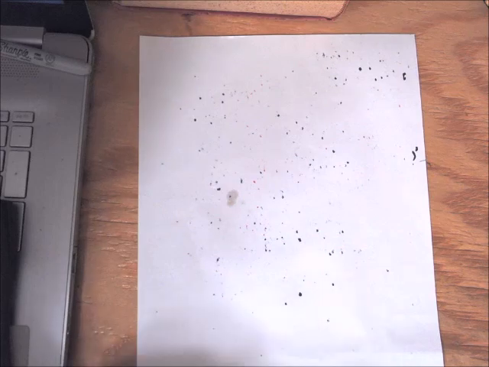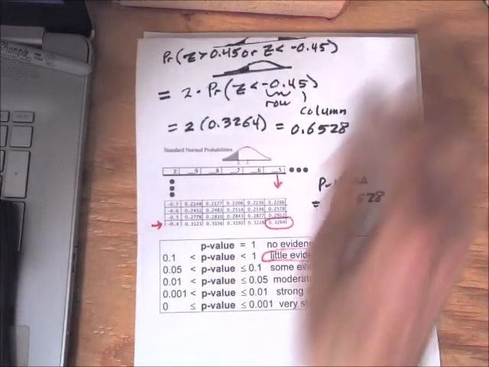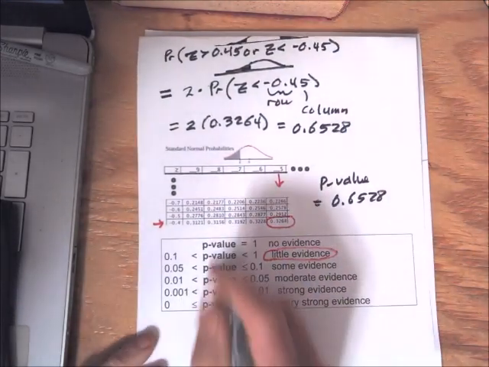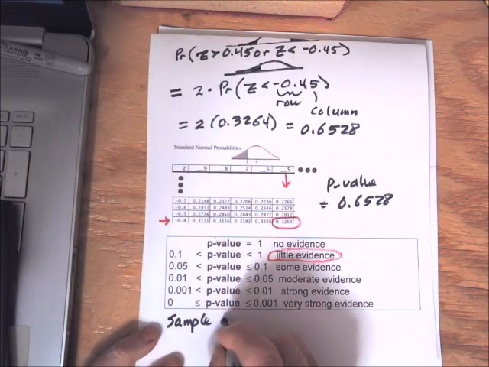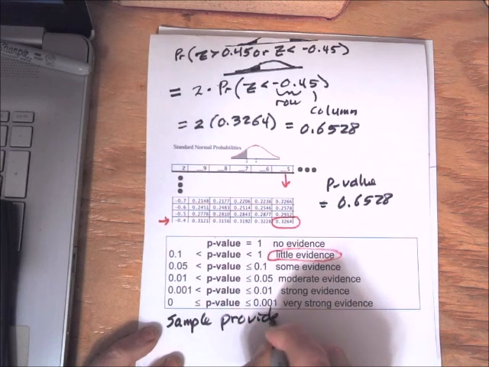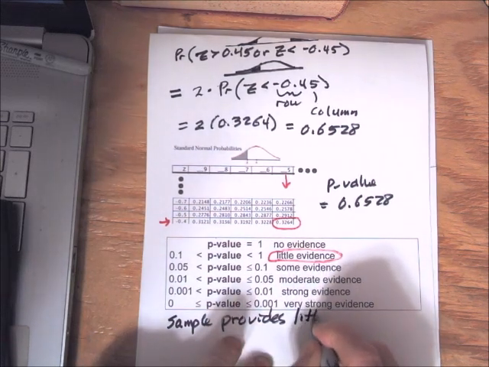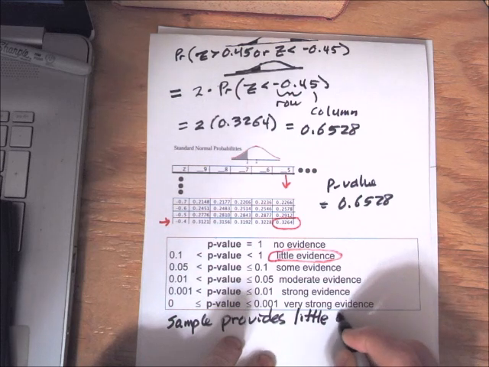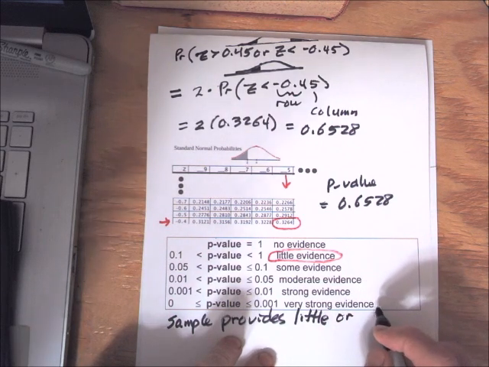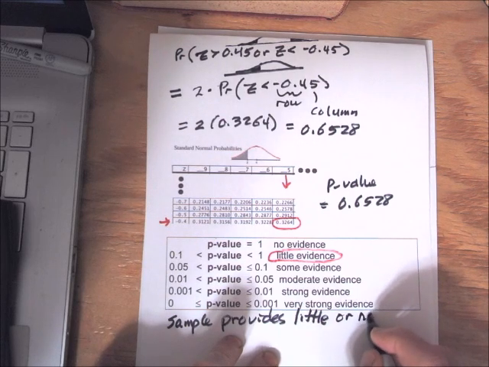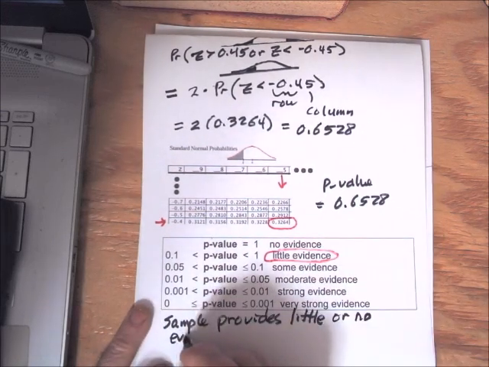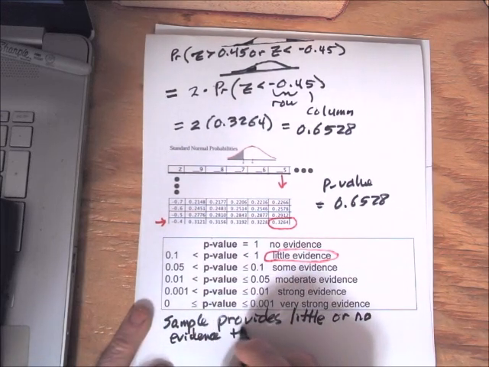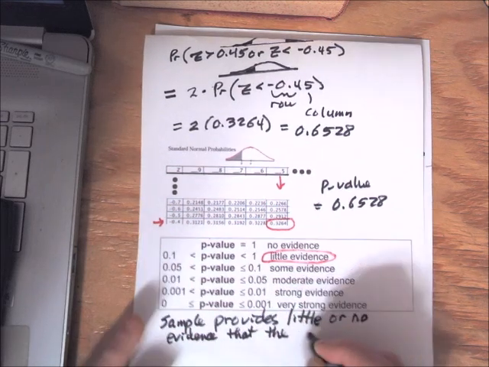Let's make myself more room here. Sample provides little evidence that the coin is unevenly weighted. It might be that a bigger sample would provide stronger evidence, maybe, or it might not, but it provides little or no evidence that the coin is unevenly weighted.